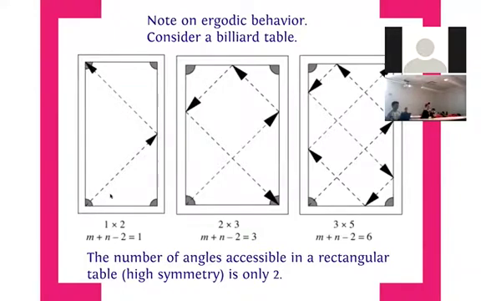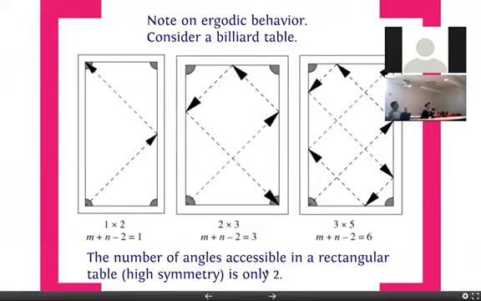So here, for instance, you have one bounce with 2 rays, and you can get essentially one angle that's accessed. And then you can show that with the rectangular billiard table, you can access only 2 angles because of symmetry, no matter whichever way you come in.